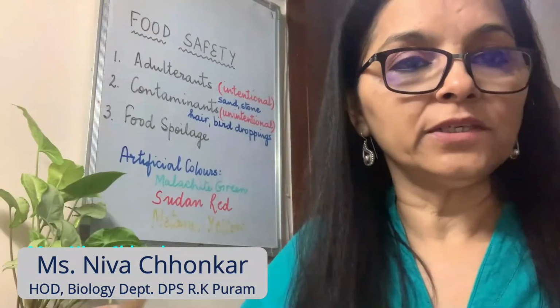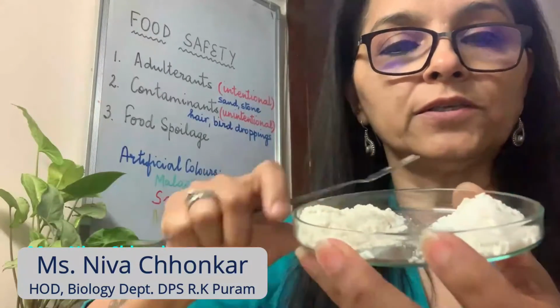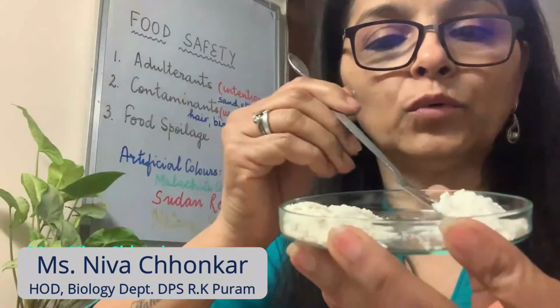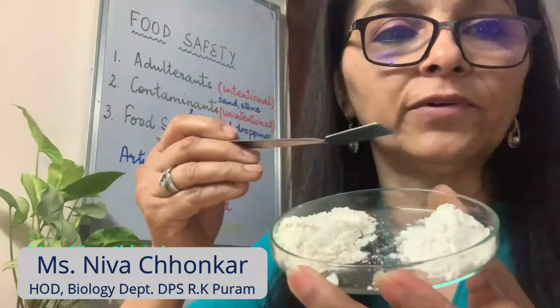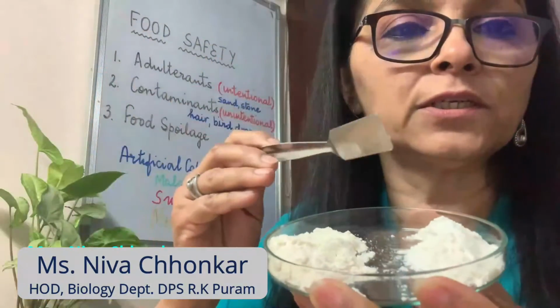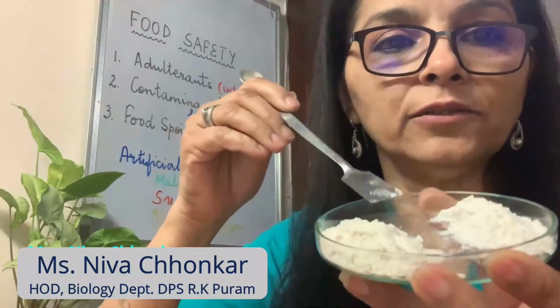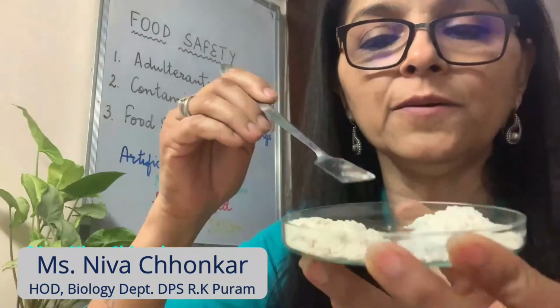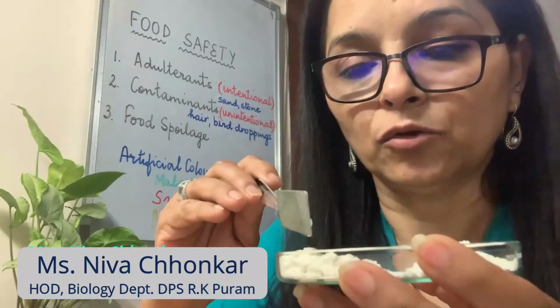So it's very surprising that you'll see here, this is maida, which is white in color because it's refined flour, and it is not too good for our health because it is very low in fiber, while atta, you'll see, is slightly pinkish in color and it is good for our health.